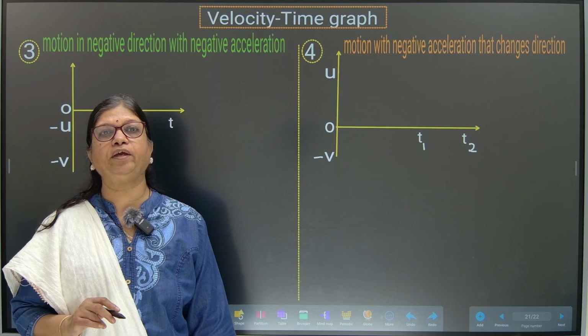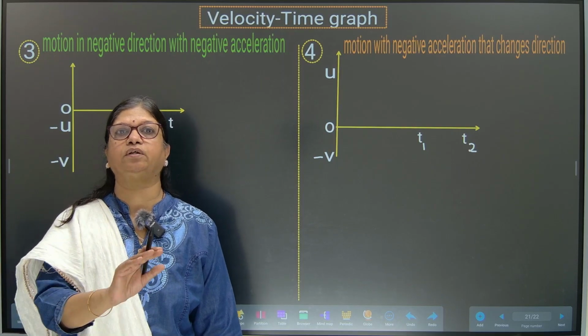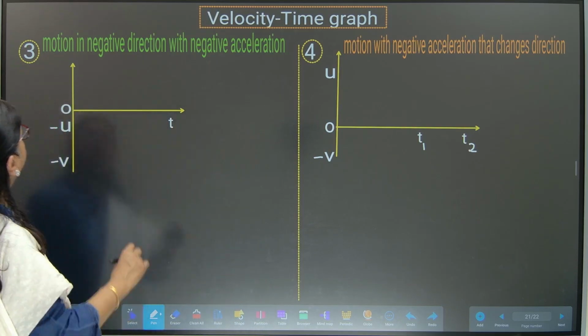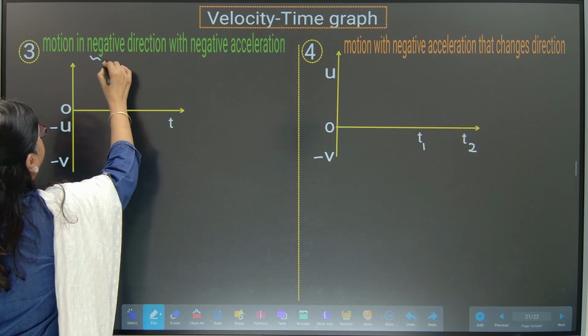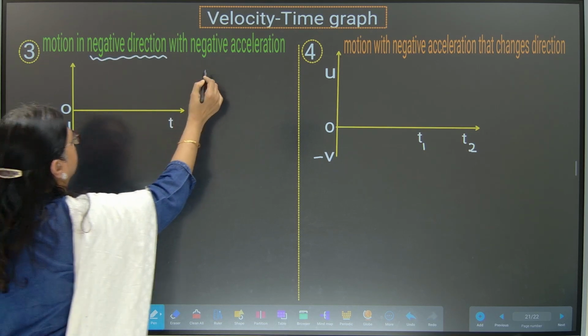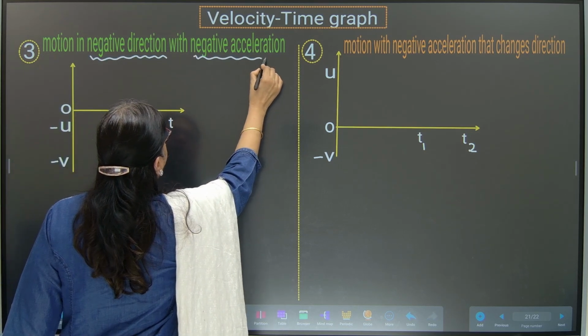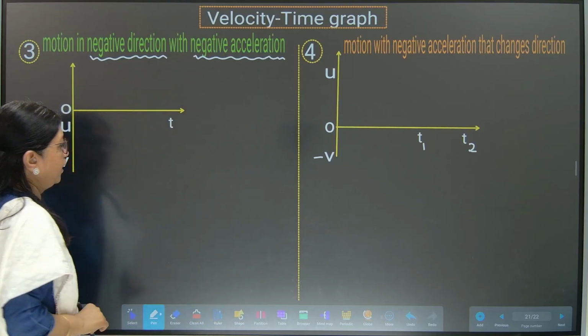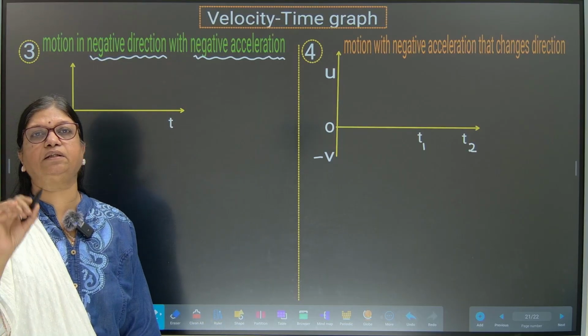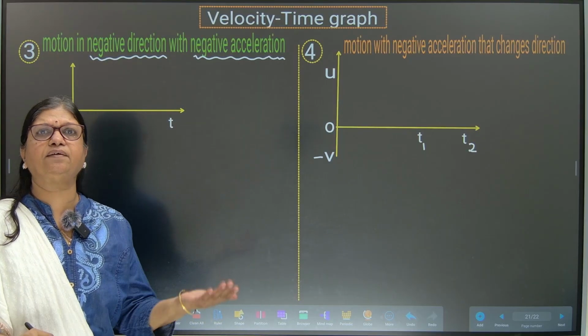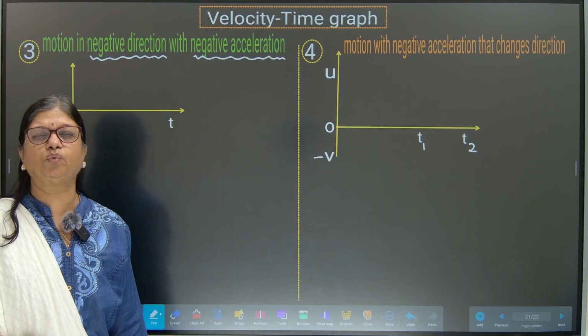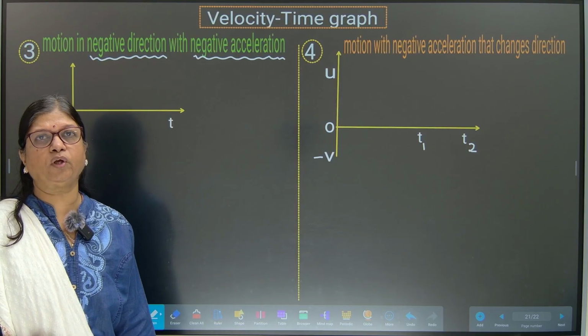So now we move to the next condition of the velocity time graph, where we have negative direction, negative acceleration. Fine. Negative direction, negative acceleration. Negative direction means the body is going backward. Okay.